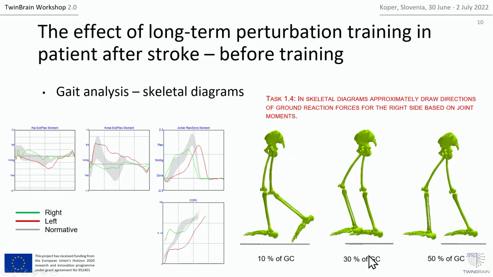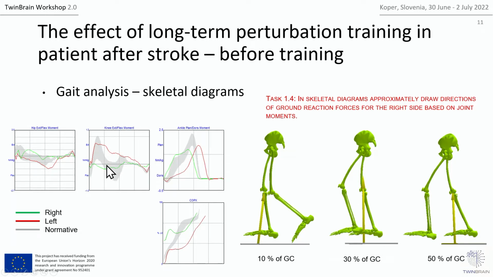In the mid stance phase, so approximately at 30%, what we notice is that the center of pressure is slightly moving ahead, shifted slightly towards the toes. There is a plantar flexor moment being generated, so the ground reaction force has to pass in front of the ankle joint.